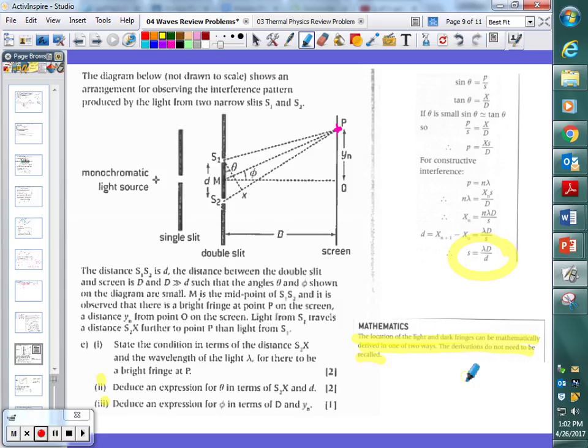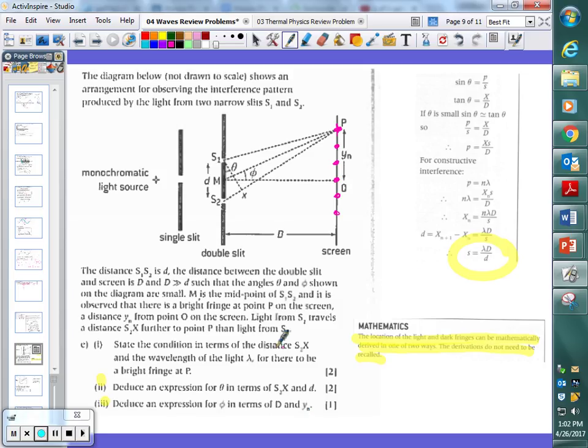Little s is the distance between where the bright spots show up on this wall, or the distance between the fringes, okay?